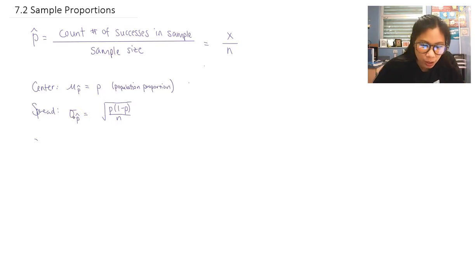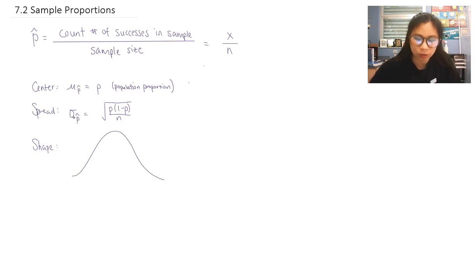When we talk about its shape, remember we can only do probability calculations when it's normally distributed. So we want it to be approximately normal so that we can label the mean with our center and our standard deviation of our sample proportions.